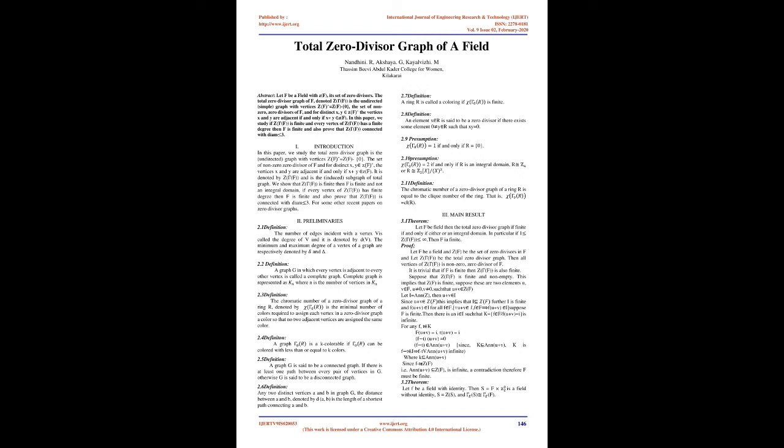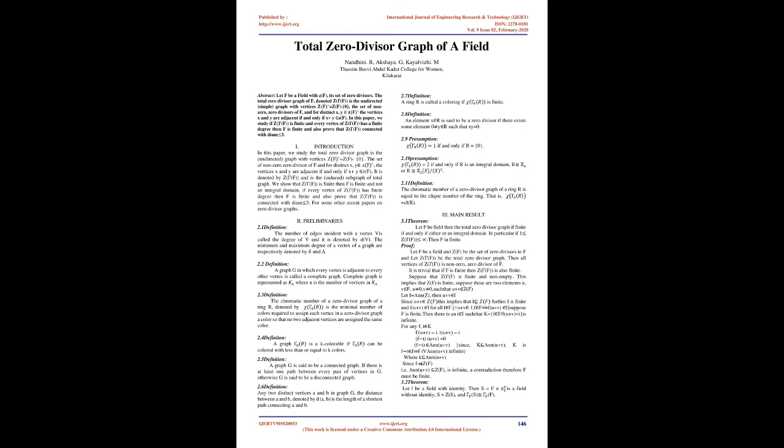It is denoted by Z(Γ(F)) and is the induced subgraph of the total graph. We show that if Z(Γ(F)) is finite, then F is finite and not an integral domain. If every vertex of Z(Γ(F)) has finite degree, then F is finite, and we also prove that Z(Γ(F)) is connected with diam equal to 3. For some other recent papers on zero-divisor graphs.